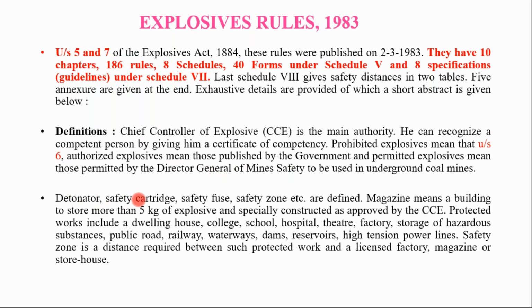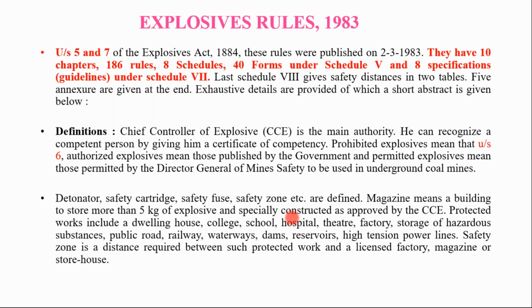Then detonator, safety cartridge, safety fuse, safety zone, etc. are defined under this rule. Magazine means a building to store more than 5 kg of explosive, specially constructed as approved by the CCE. So magazine is one of these terms, and all these other terms are also defined under the Explosive Rules.